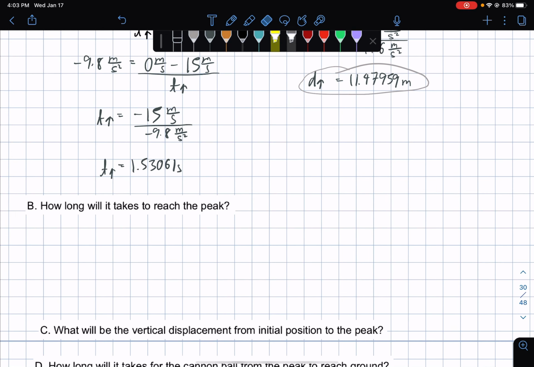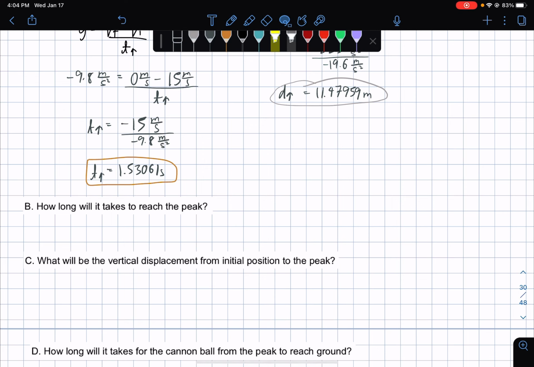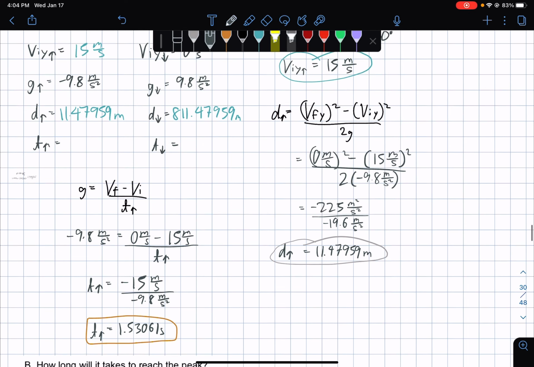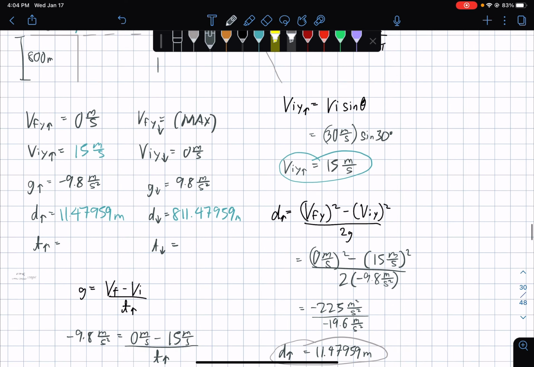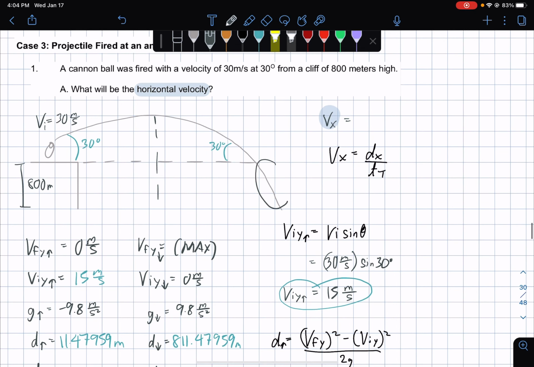So I guess we solved letter B already. We haven't solved letter A, but we found letter B already, I suppose. Time going down is supposed to be bigger than this value. We still have to find how much time it takes for the projectile to travel this region.